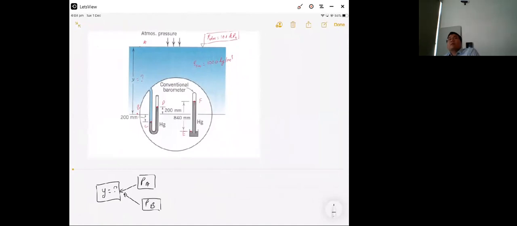If you know PA and PB, you can find Y, because PB minus PA equals rho g Y, based on the pressure variation equation.